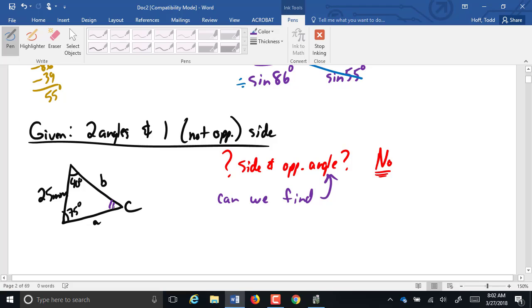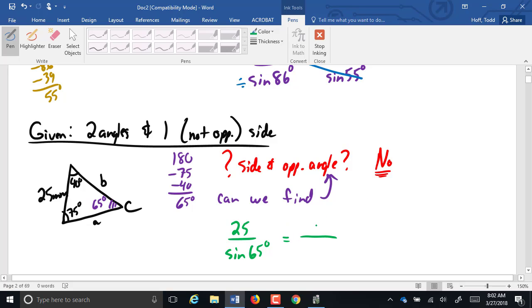Well, yeah, because we can get this angle here really quickly. 180 minus 75 minus 40 gives us 65 degrees. So once we find that third angle, now we have a side and an opposite angle. The side is the 25 millimeters over the sine of 65 degrees.